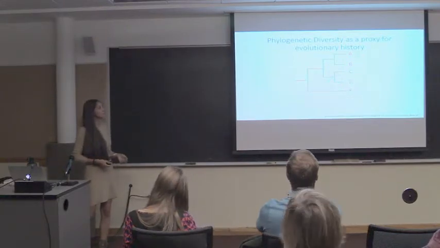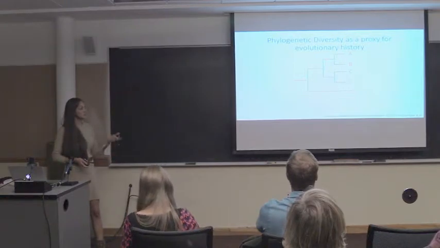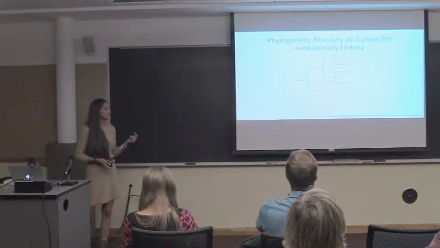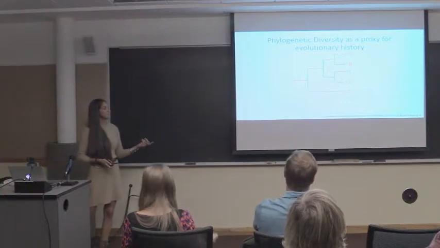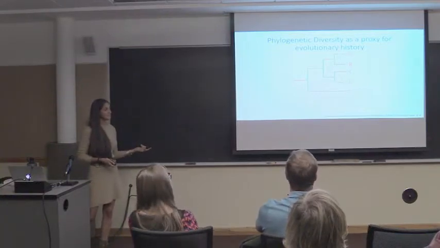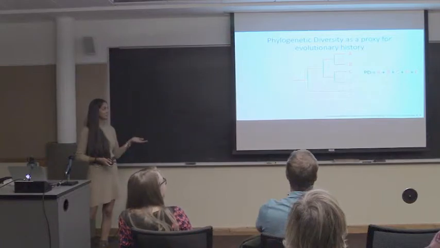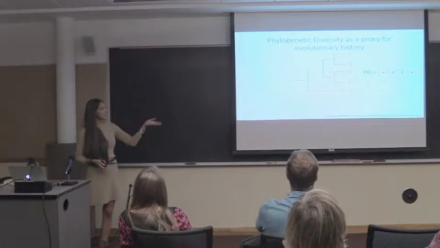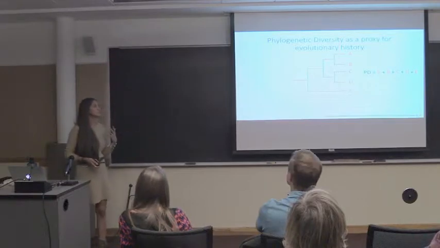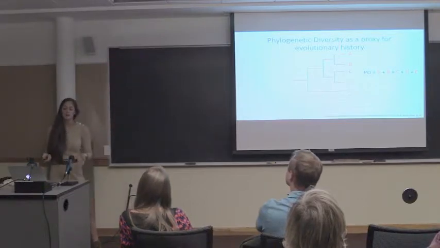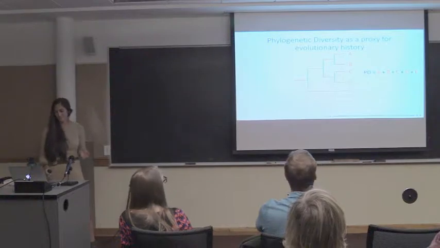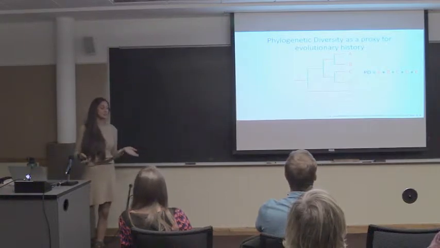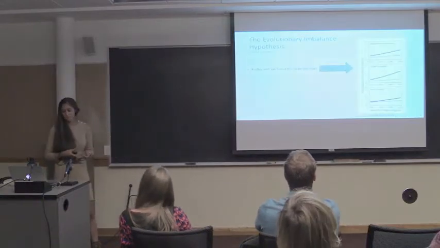And then we can use this phylogenetic tree to calculate phylogenetic diversity by simply measuring the length of the branches in red and summing them. So for this region, the sum of the branch lengths for these species would be the PD, the phylogenetic diversity of this region. So we can say that phylogenetic diversity then infers the amount of evolutionary history in a region.